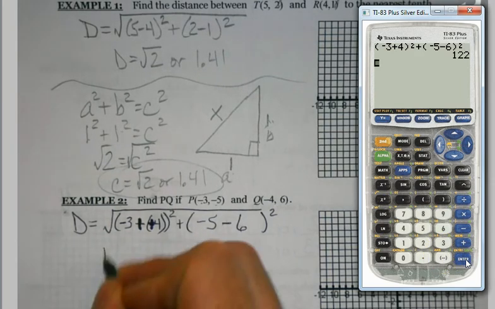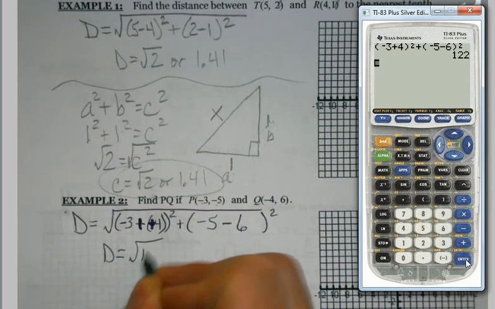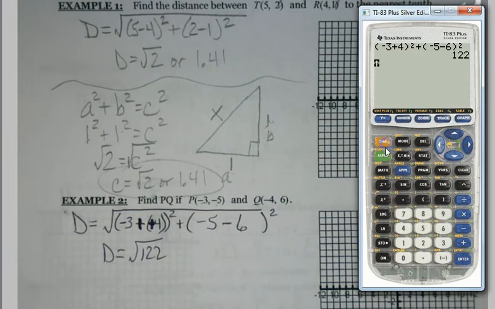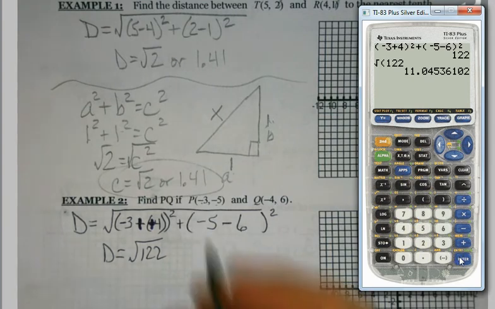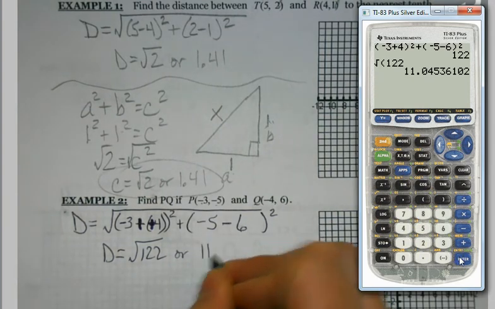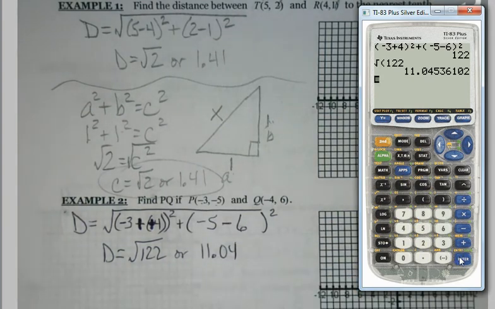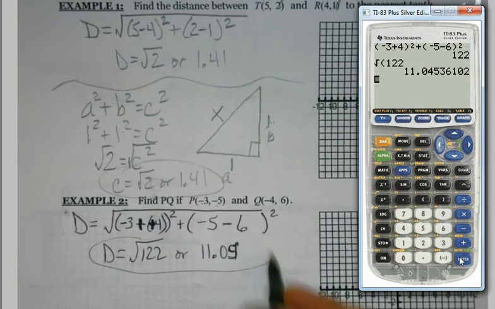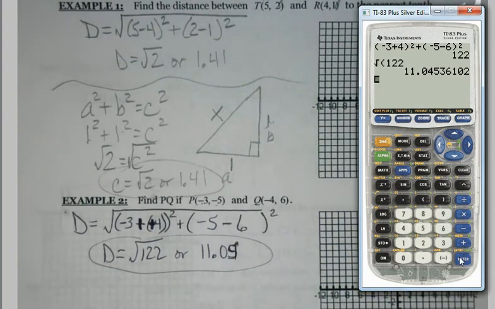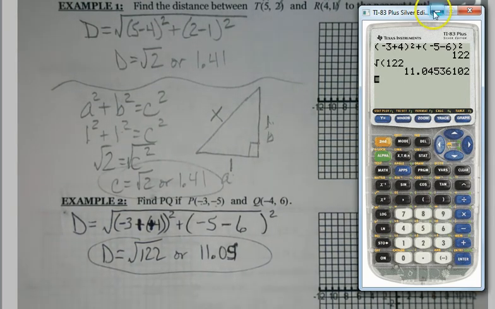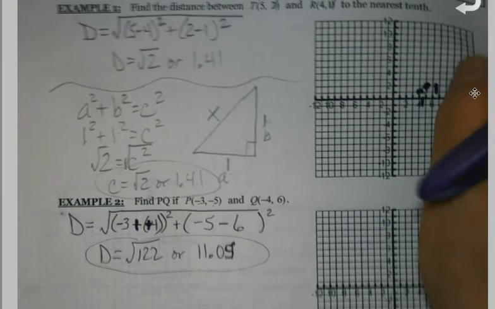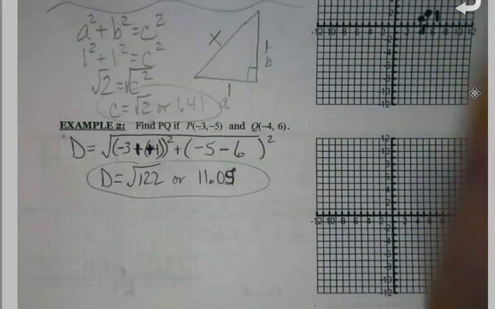So here my distance would be the square root of 122, or if I wanted to go to the decimal, I could say it's 11.05 if I'm going to round correctly here. Okay? Either of those are perfectly acceptable. But this time it's going to be easier to see if we try our Pythagorean Theorem idea out here. So let me just bump this up a little bit.